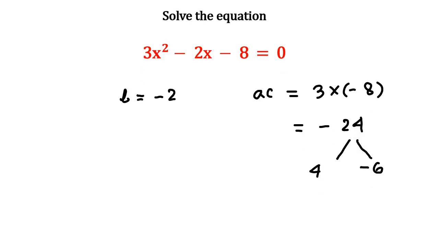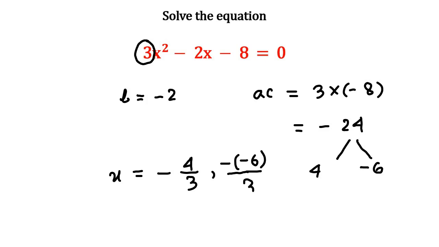In this case, the solution for this equation will be x equals minus one of these factors, 4, by a, which is 3, and another solution will be minus of another factor, which is minus 6, by a, which is 3.